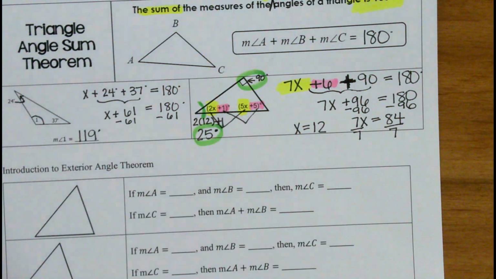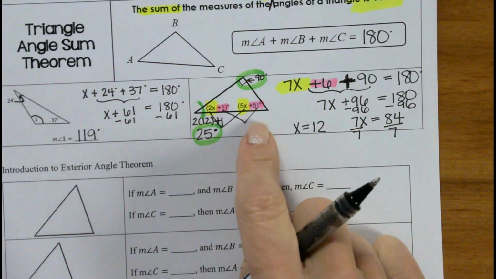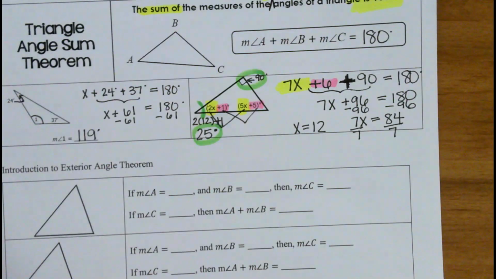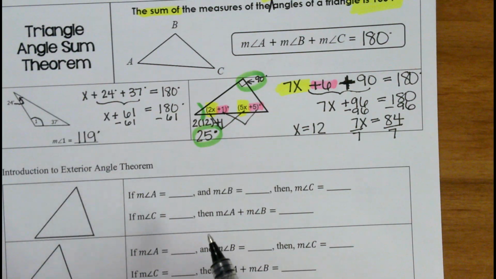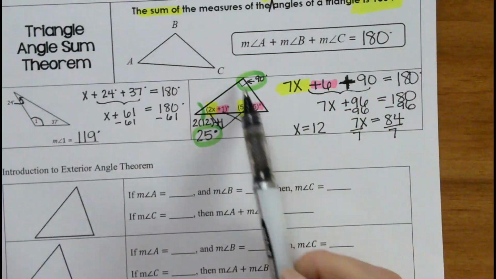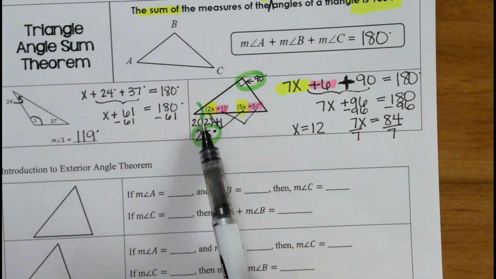There's 2 ways I can do it. What's one way? Oh, there's 3 ways we could do it. Smart cookie. Okay, I'm just going to walk you through the 3. We're not going to actually do it. If this is 90, what do these 2 have to add up to?